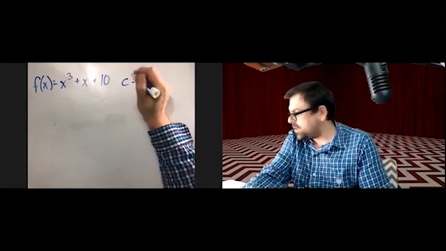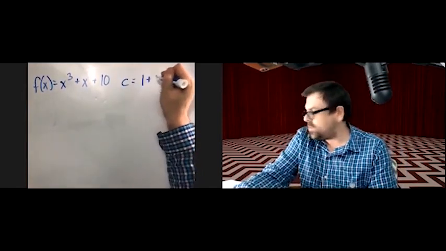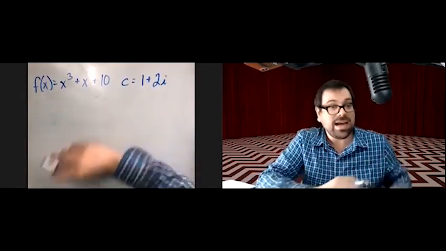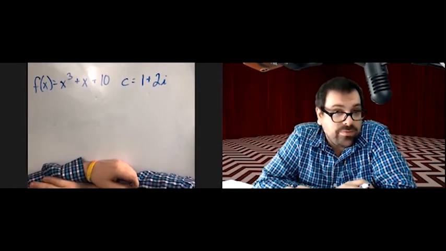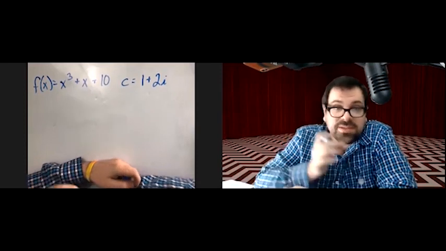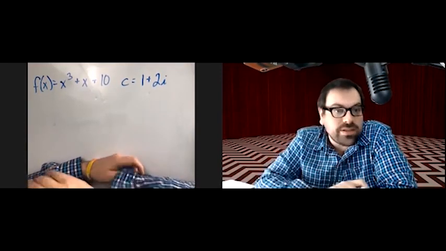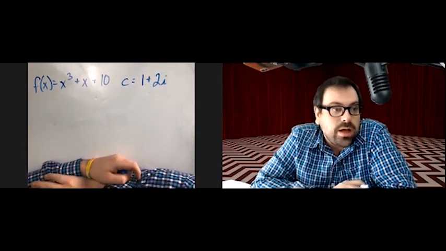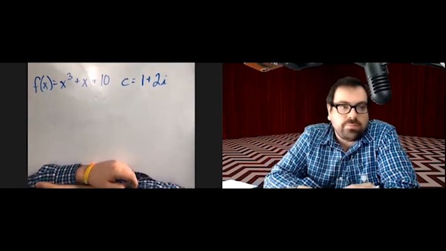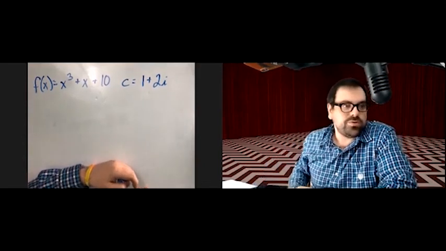And we're going to check c equals 1 plus 2i. It's a complex number. Now, if you need review with complex numbers, that's from the previous course. That review video is available where I have made previous course videos available to you.